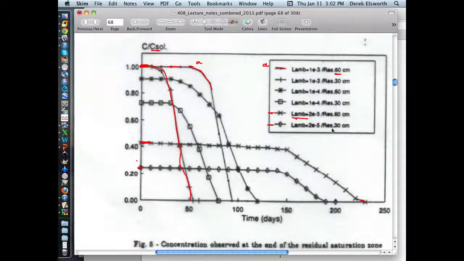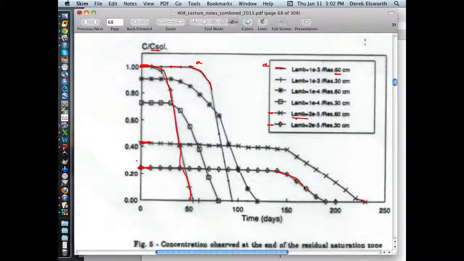With a less long zone, the overall impedance is going to be smaller, and it goes through faster. If it goes through faster, then in some cases it won't reach even the same concentration as before, and because the residual zone is less long, it also dies out earlier because there's less mass in there.